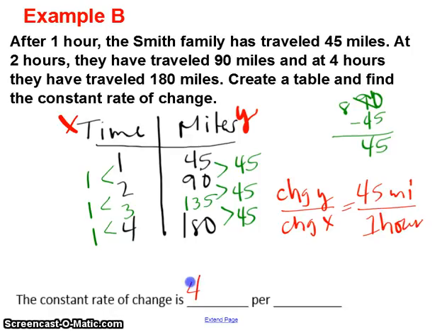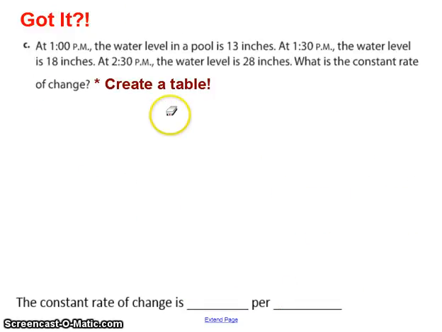Okay, here it is, 45 miles per 1 hour, just like our unit rates we practiced last week. Okay, so on this one, on your got it, make sure you create a table. And when you do the constant rate of change, I want you to do it per 1 hour, okay? And then remember, you're only going to type in this value into your spreadsheet.